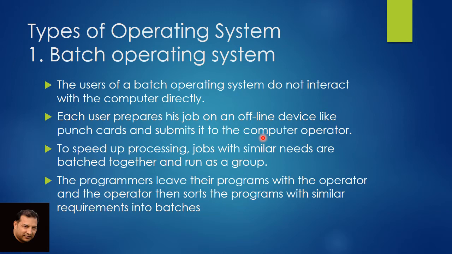Each user prepares his job on an offline device like punch cards and submits it to the computer operator. Now, to speed up processing, jobs with similar needs are batched together and run as a group. The programmers leave their programs with the operator, and operator then sorts the programs with similar requirements into batches.